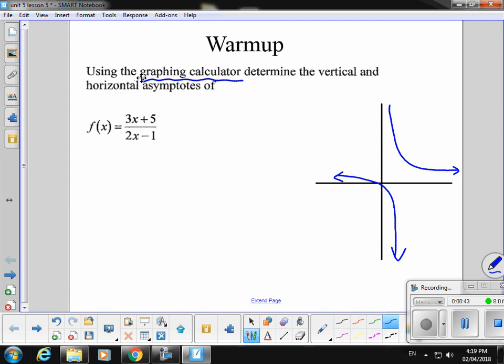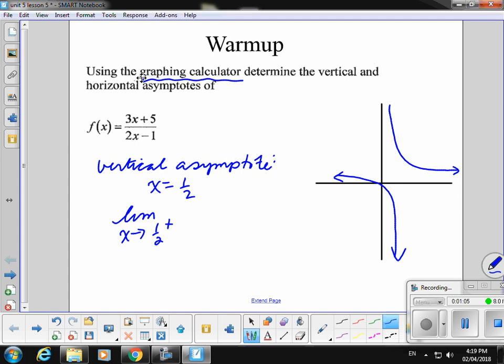So we're going to look at our vertical asymptote. We know that that happens when our denominator is 0, so we know that there is one at x equals 1/2. I am looking at the limit as x approaches 1/2 from the right side and the limit as x approaches 1/2 from the left side.